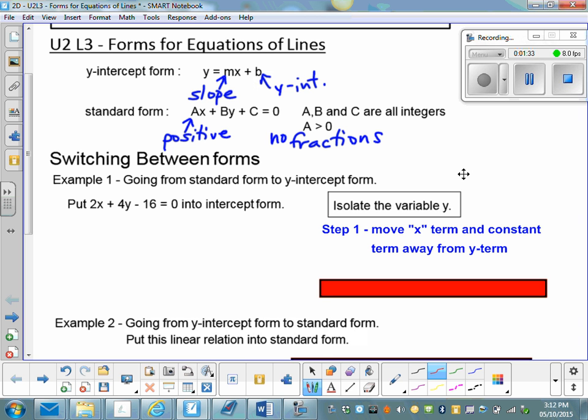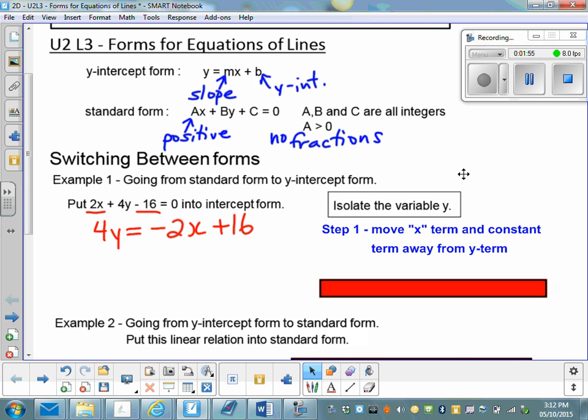So to isolate the y term, we need to move these two terms to the other side of the equal sign. And remember, when we do that first step where we're moving things to the opposite side of the equal sign, we're doing the opposite operation. So the plus x changed to a minus 2x, and the minus 16 changes to a positive 16.